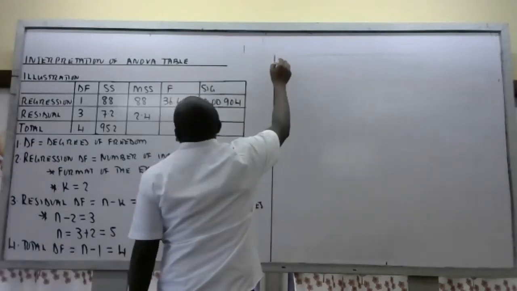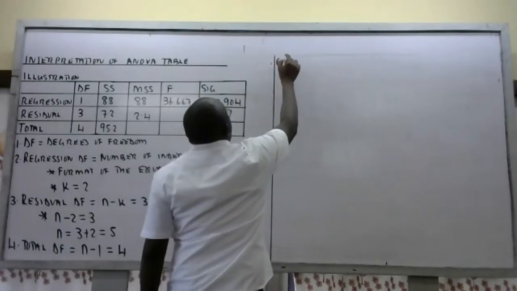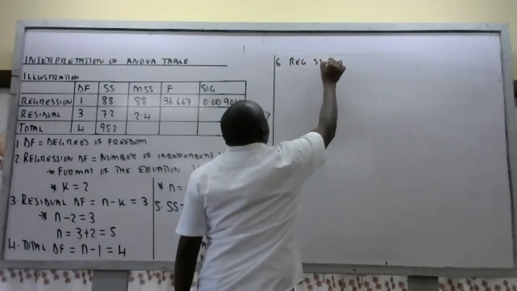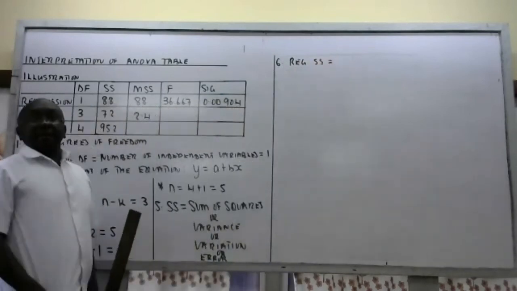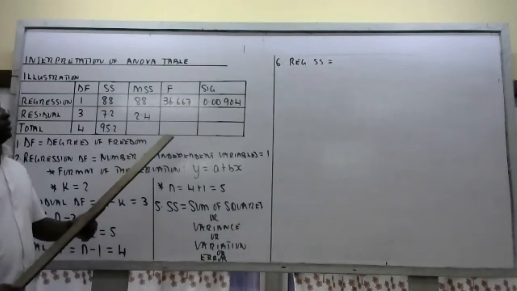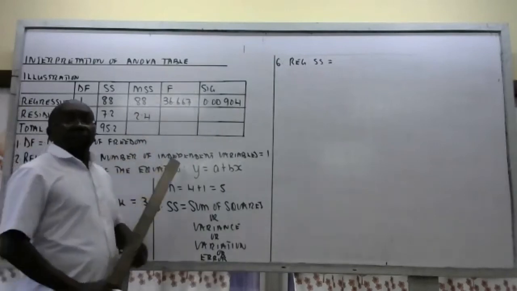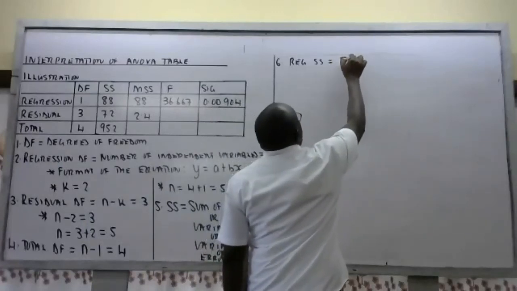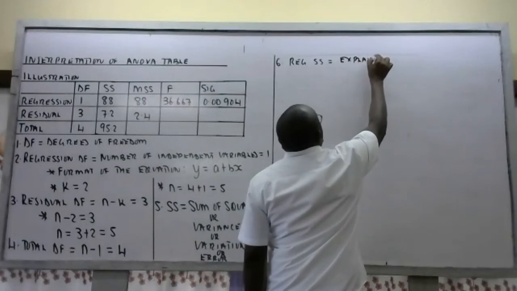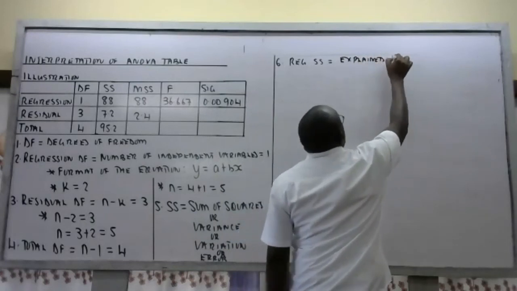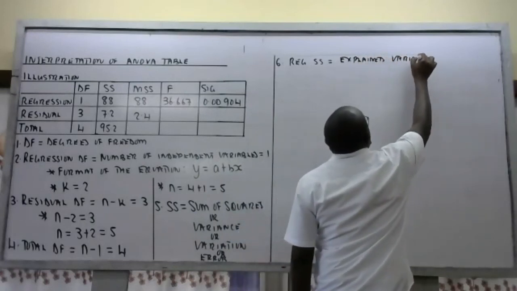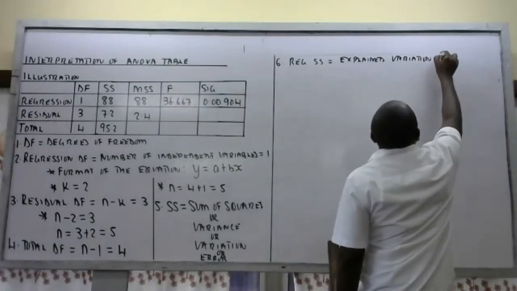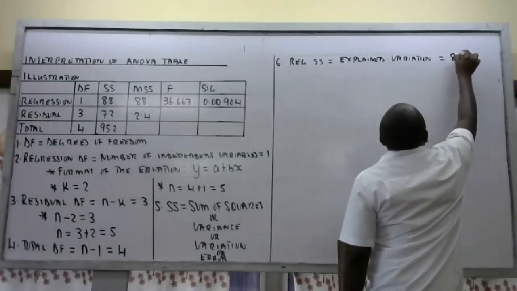Point number 6 is the regression SS. The short form of the word regression is RG. So regression SS is what we call explained variation. And according to our table, the explained variation is 88.